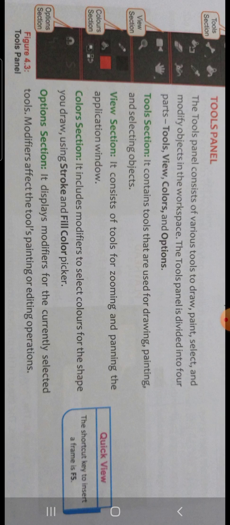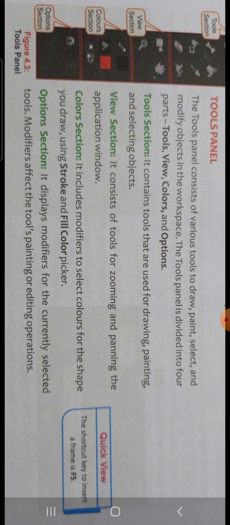The next is color section. It includes modifiers to select colors for the shapes or images we draw, using a stroke and fill color picker. Here, stroke and fill color. For example, suppose you are making a rectangle. The border line of the rectangle is termed as a stroke, and the area inside these borders is called fill.